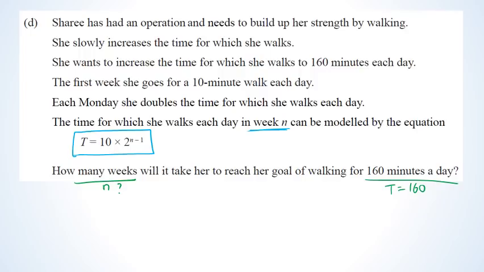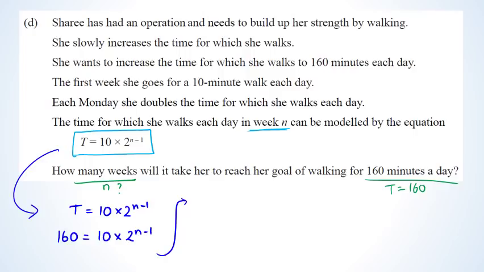So if we write this equation out, we have t equals 10 times 2 to the n minus 1. Because t is equal to 160, we can write 160 equals 10 times 2 to the n minus 1. Rearranging this, we get 160 divided by 10, which equals 2 to the n minus 1, or 16 equals 2 to the n minus 1.